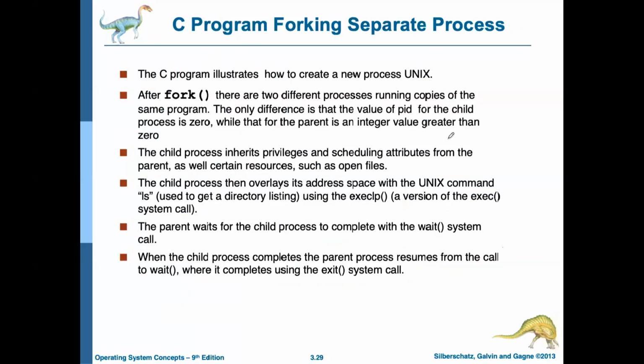After fork, there are two different processes running copies of the same program. The only difference is that the value of PID for the child process is 0, while that for the parent is an integer value greater than 0.